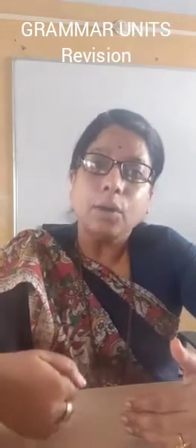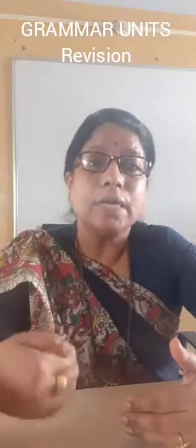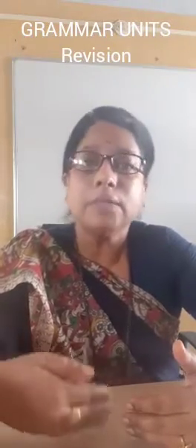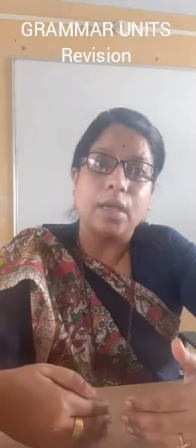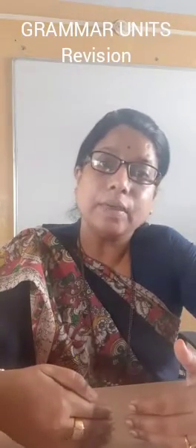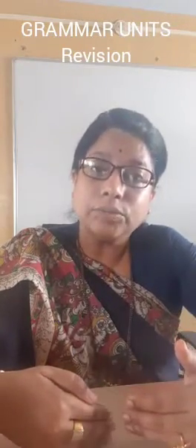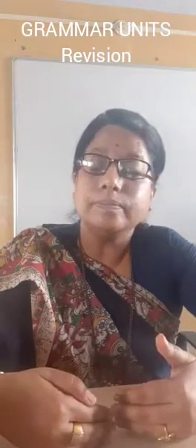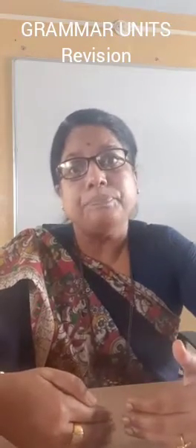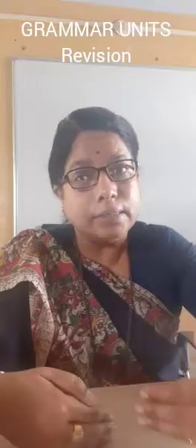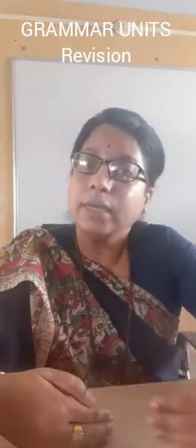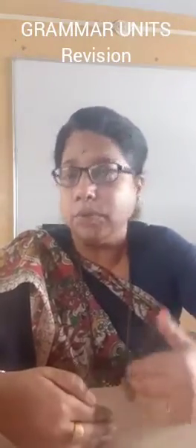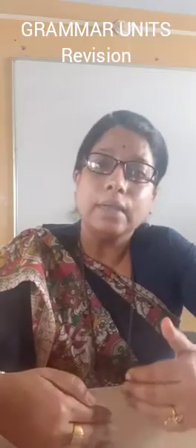Determiners are again of 3 types: central determiners, predeterminers, and post determiners. In the pre-modification section we can find adjectives or participles, that is the ing participle or the ed participle, adjectives, and the noun modifiers.